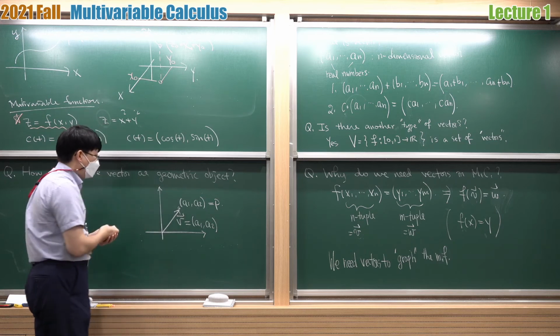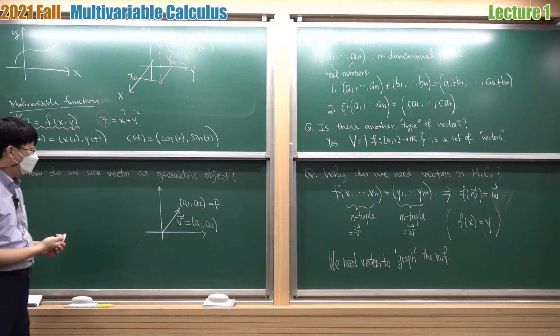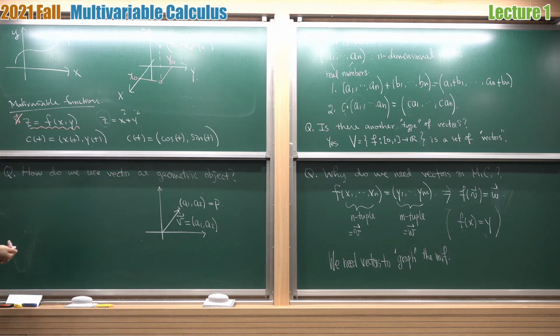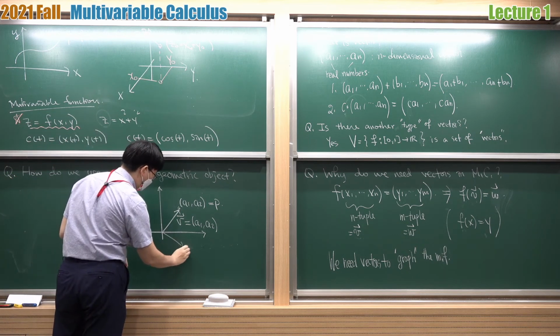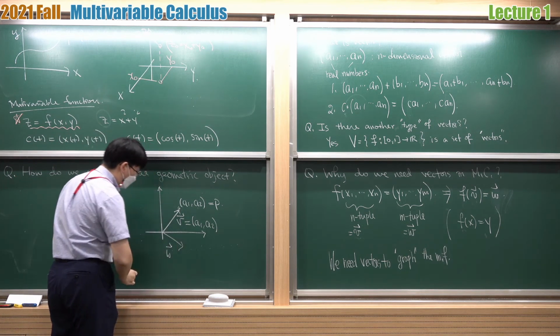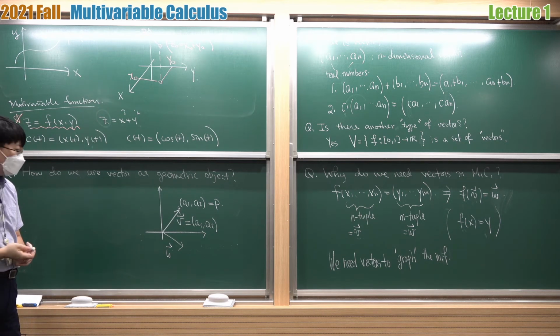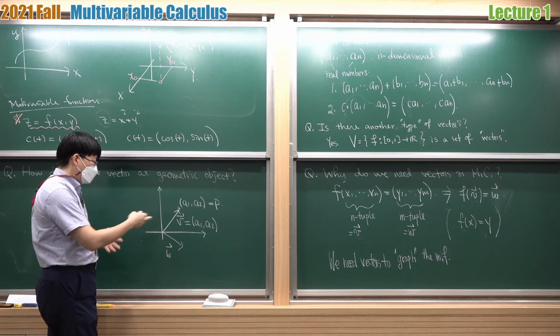Then how do we consider random vectors, or pairs of vectors, geometrically? If you simply have random vectors, you don't know how these vectors are distributed. If you know their coordinates, of course, then you can draw them.